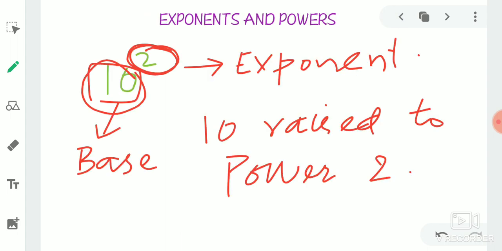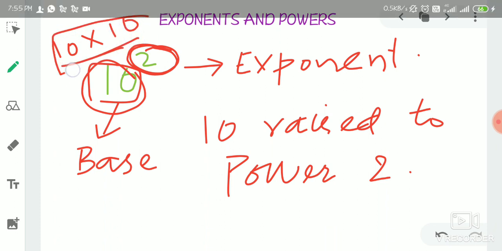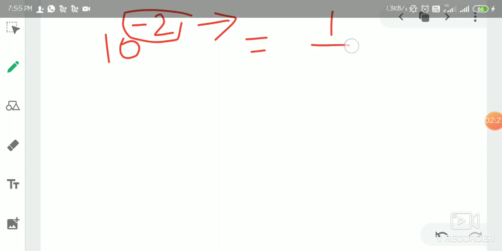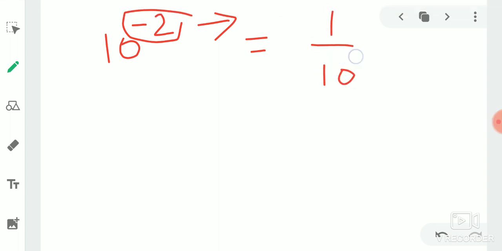Earlier 10 was to be multiplied twice, but here 10 is raised to power minus 2. We write it as 1 divided by 10 raised to power 2.